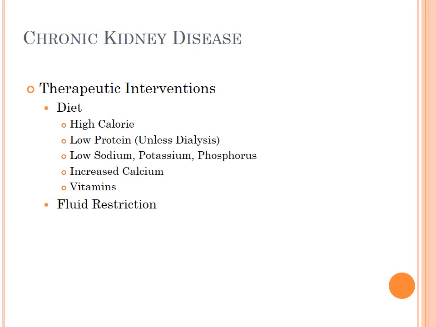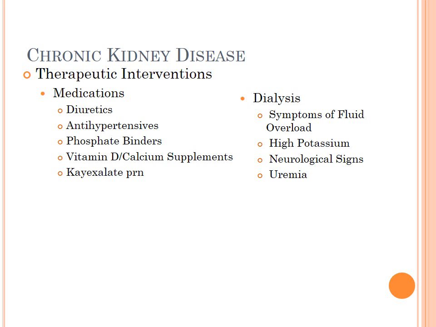They will be supplementing some vitamins and minerals, such as iron, folic acid, etc. They'll be on a fluid restriction because of the inability to monitor fluid balance. So a diet is discussed, but for medications, they might be on diuretics, antihypertensives, phosphate binders, vitamin D and calcium, and Kayexalate for the elevated K.